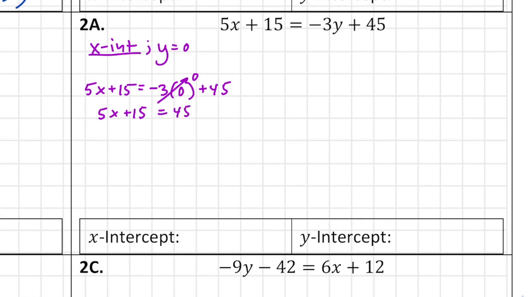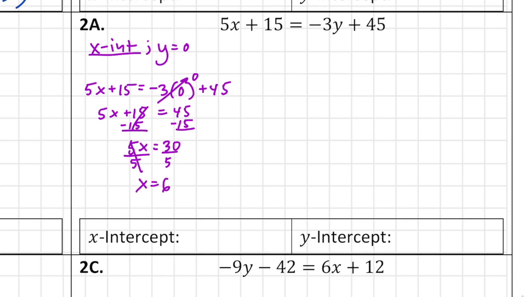I want to get the x by itself, but if I'm doing inverse order or reverse order of operations, I'm going to subtract the 15 to get rid of that first. 15 minus 15 is 0, and right now I've got 5x is equal to 30. Divide both sides by 5, and I get x is equal to 6.